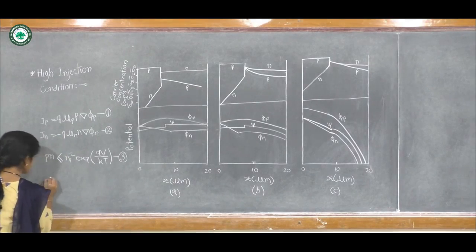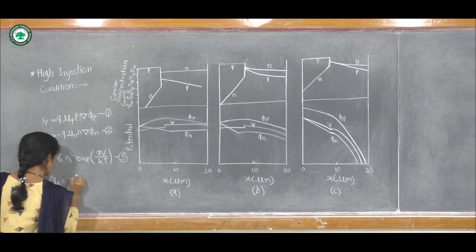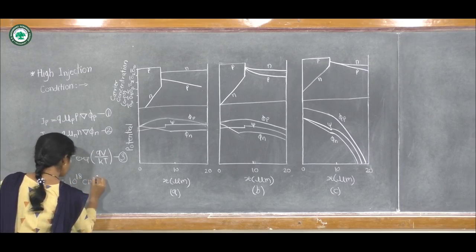So Na is equal to 10 raised to 18 per centimeter cube.